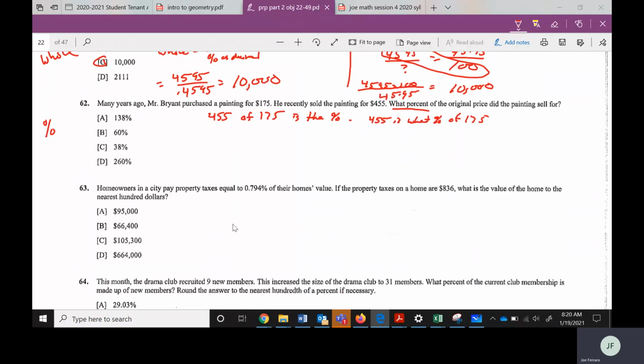Either way there, but the key is it says what percent of the original price. So the original price would be the whole. So again, if you're looking at this correctly, the part is bigger than the whole, so we should have an answer that's over 100% there when you're done.